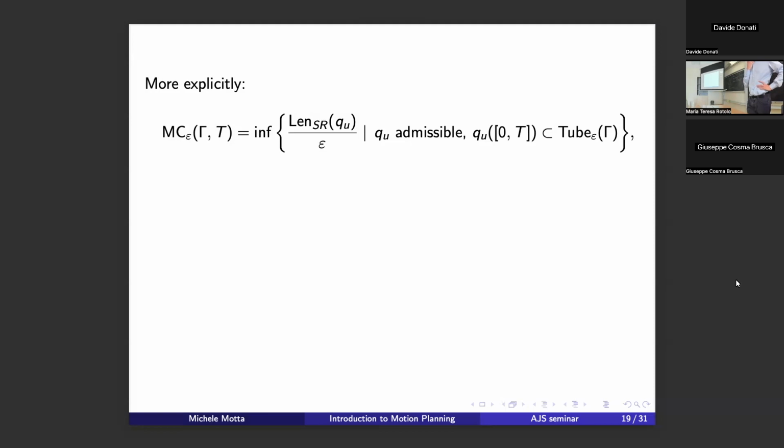Can it be pushed further with the same techniques? Are there other functionals that might be used? In the case of Gautier, it is interesting to use the L1 norm of the control because it's the length of the curve, so it's natural to look for the shortest curve.